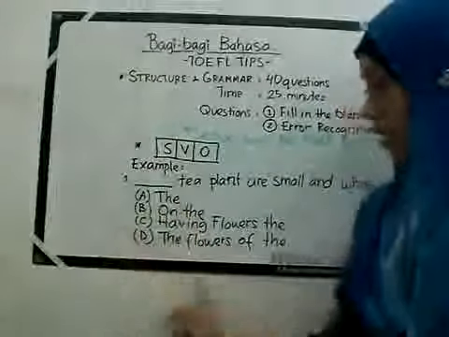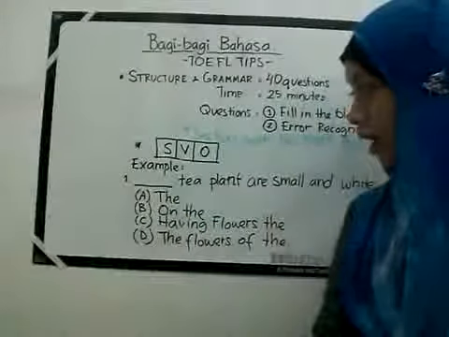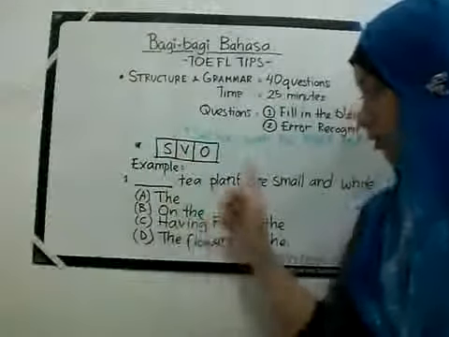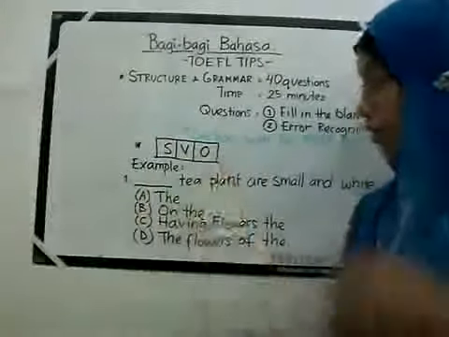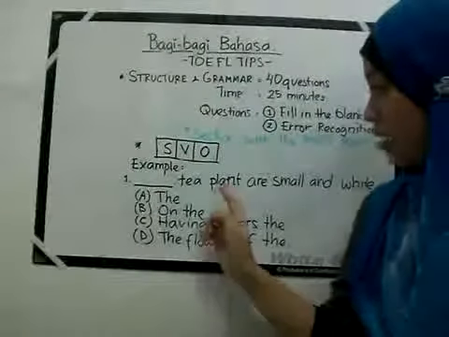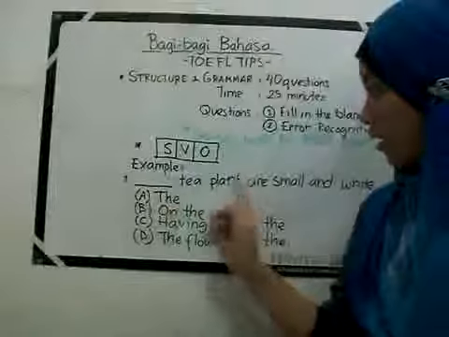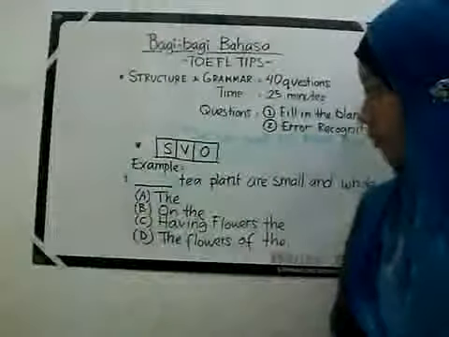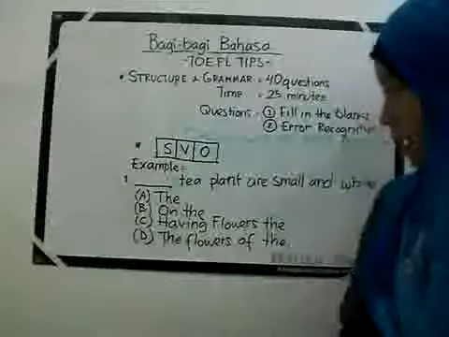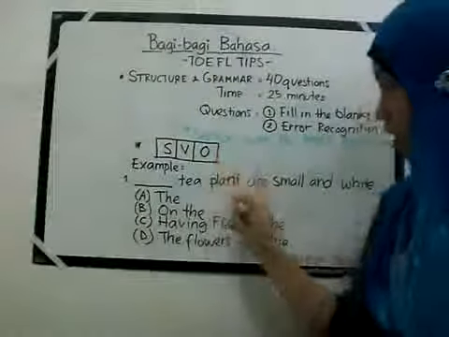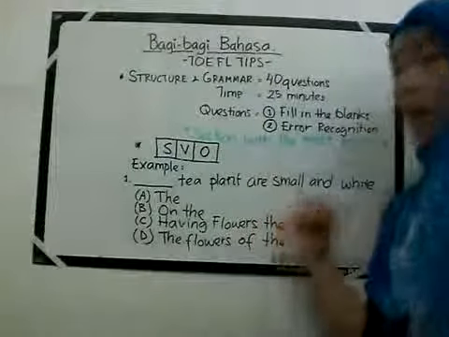Contoh, kita di sini punya satu kalimat, dan kita terapkan rumus SVO ini. Kita cek dulu apakah sudah ada subject, verb atau object. Kita cek verb, ada atau tidak? Di sini ada verb yaitu are dan objeknya small and white.